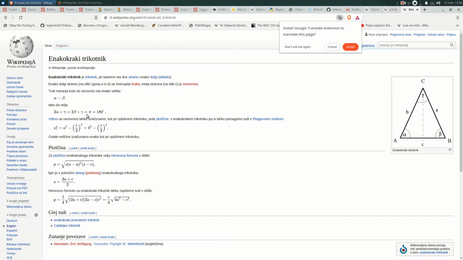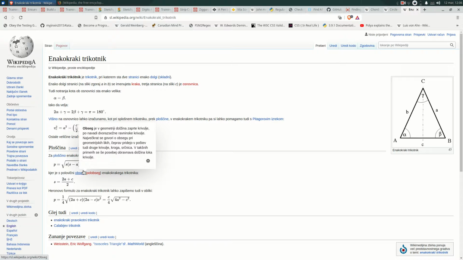This is the angles, this is the height, which we need C, because we're basically interested in C. That ain't helping.